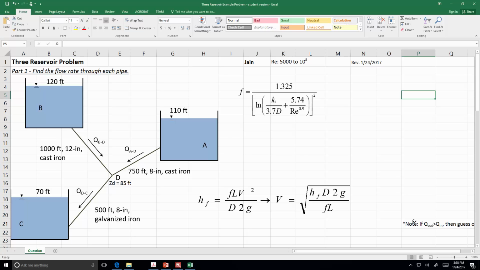If we lower it, then that would mean the water's going from A towards the junction. If we have to raise the head at D, then that tells us it's going into tank A.